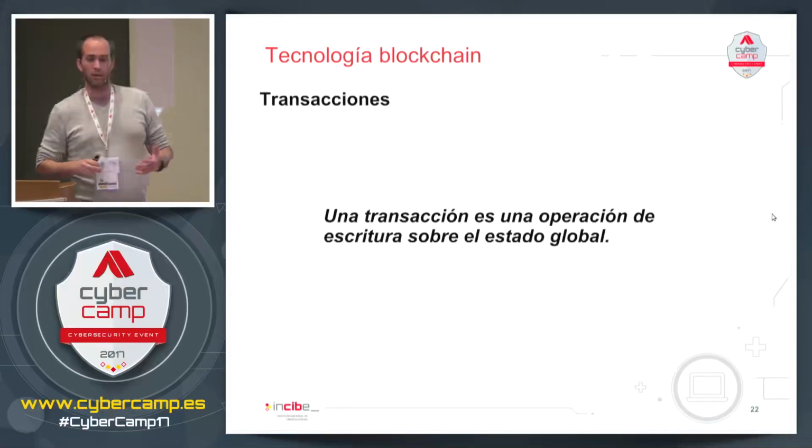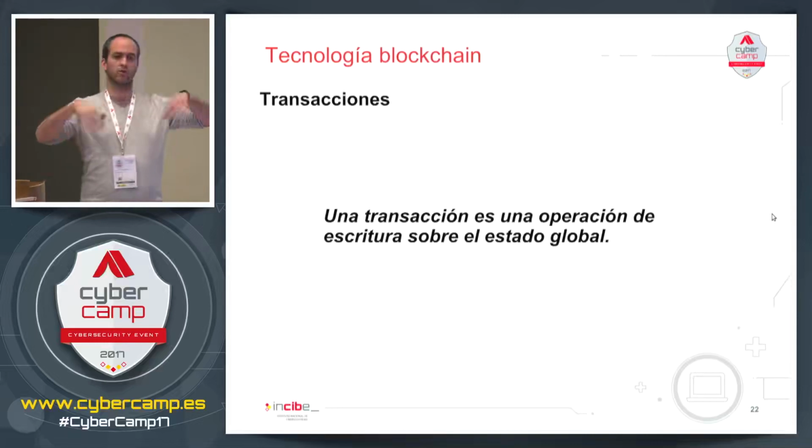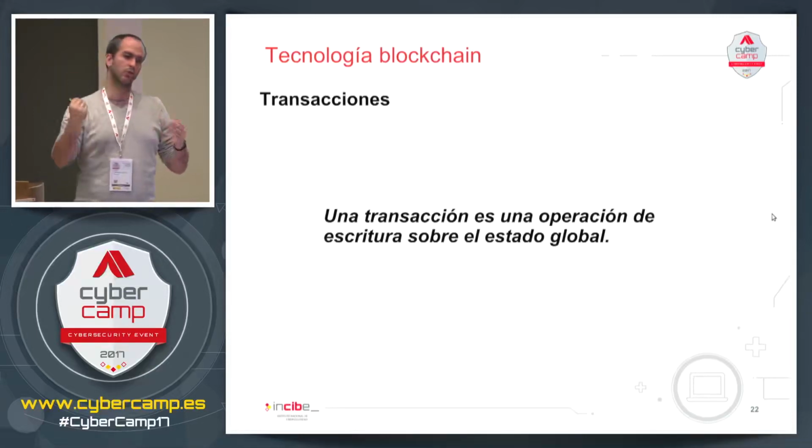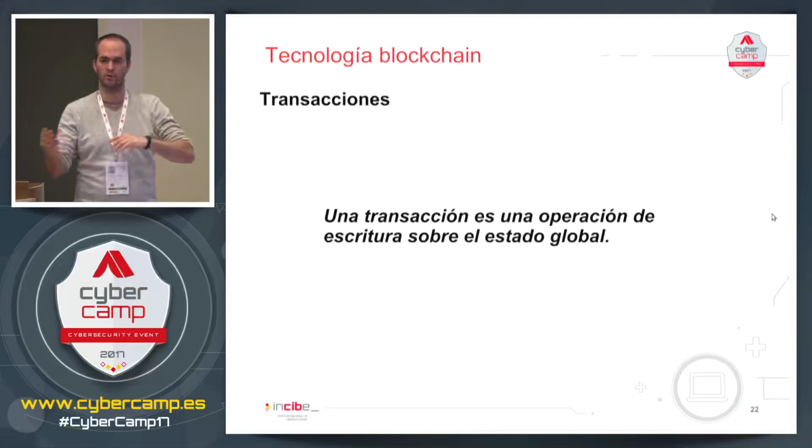Transactions. A transaction is a written operation in the global status. We are all nodes of the blockchain in Bitcoin. Each of us is going to have a table, a database, where it says, Jesus has 5 euros, you have 7 euros.